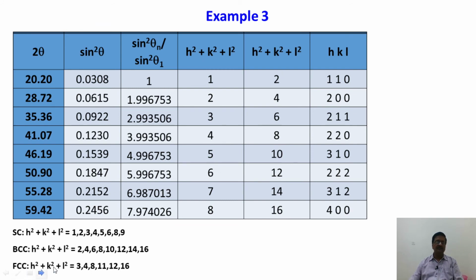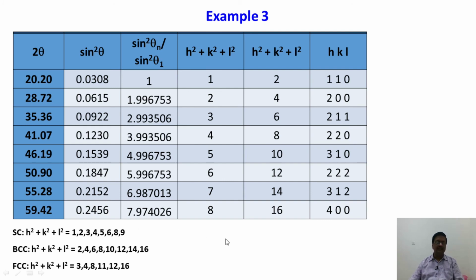The one which we got in the previous case, that 3, 4, 8, 11, 12 and 16 represents a face-centered cubic. Which we did not encounter is something called simple cubic, where these numbers will be 1, 2, 3, 4, 5, 6, 8 and 9 and so on, and that will correspond to a simple cubic system.